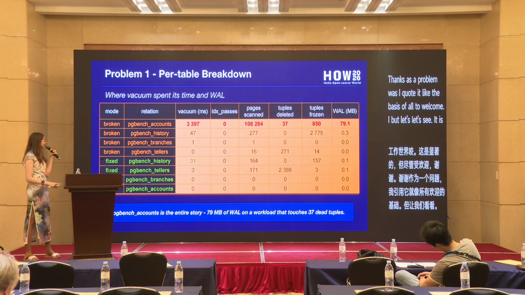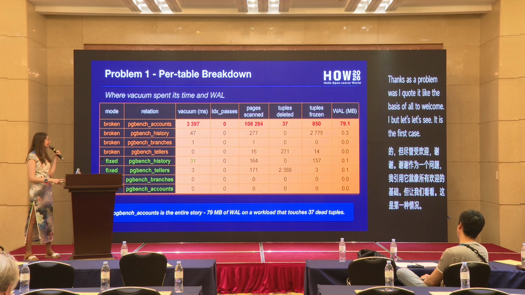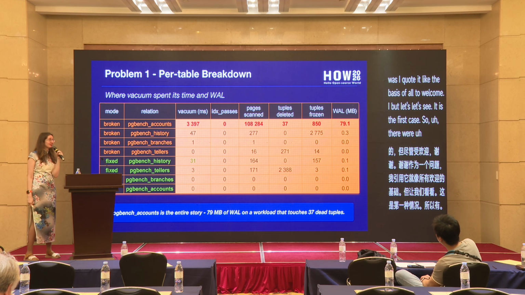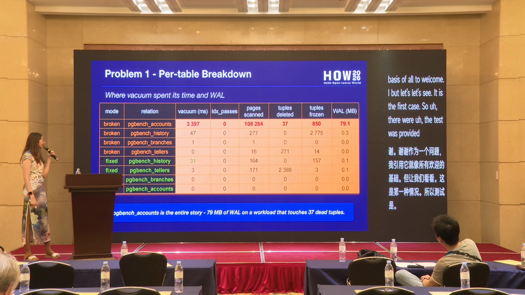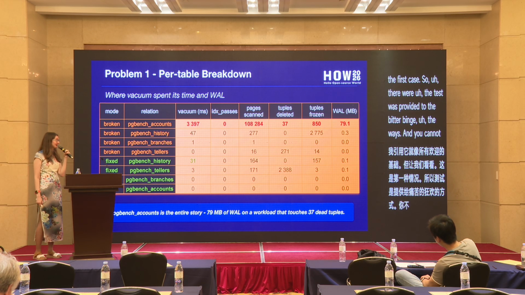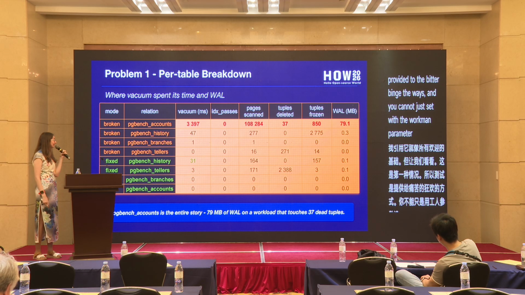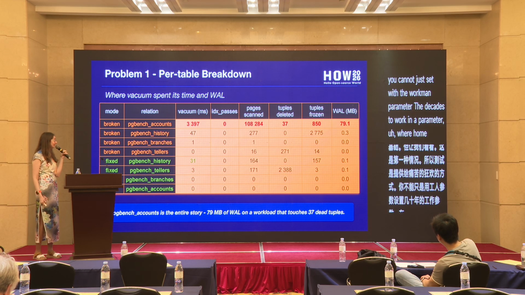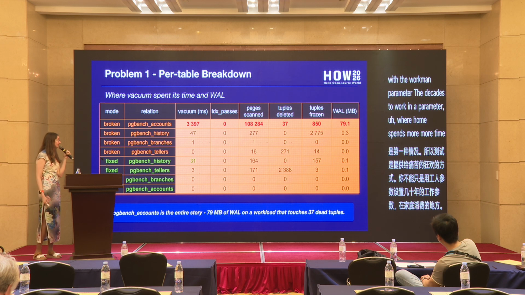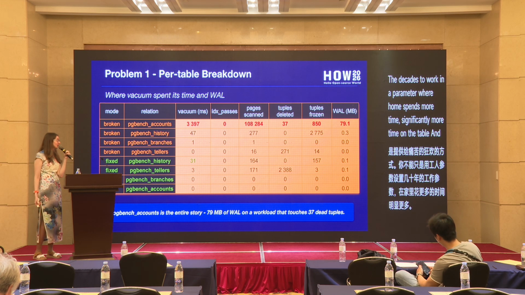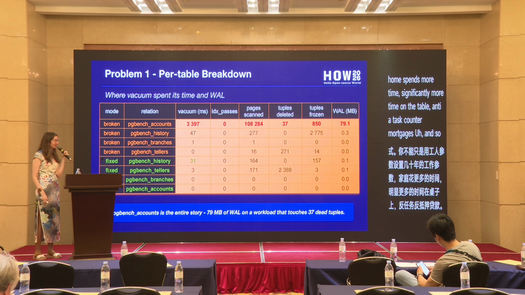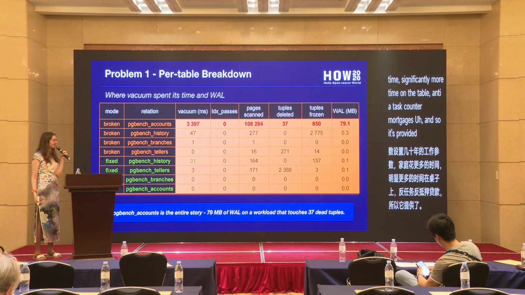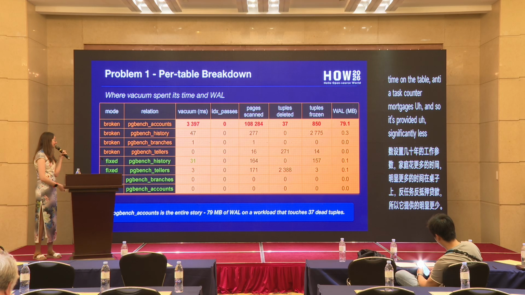The test was done on the pgbench database, and you can notice that with the decreased work mem parameter, vacuum spends significantly more time on the table. It scanned more pages, and its efficiency was significantly lower.